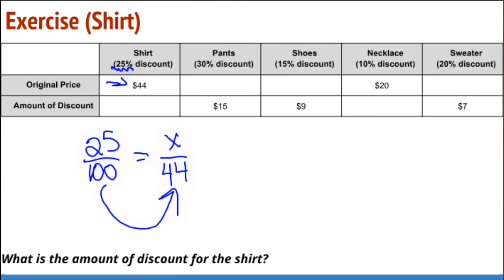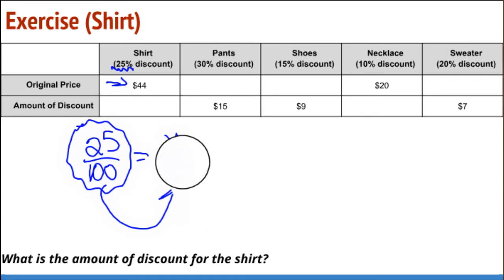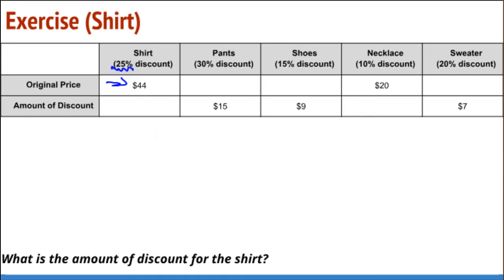So I'm going to look at this 25 hundredths here, and I'm going to think to myself, is there something I can do with this 25 hundredths to make it a little bit easier to work with? Now that 25 hundredths, I'm going to get it down to the largest possible units. So maybe I can build from my largest possible unit up to the $44.